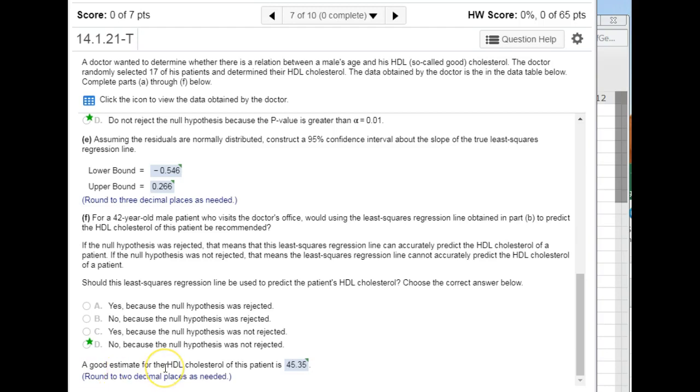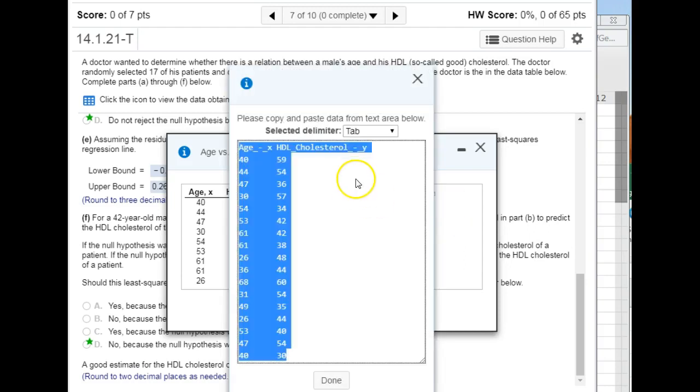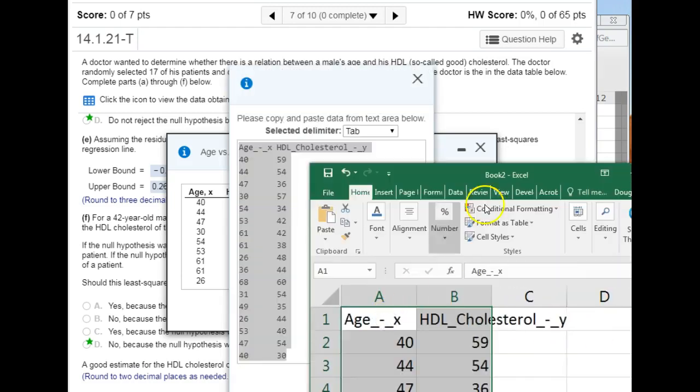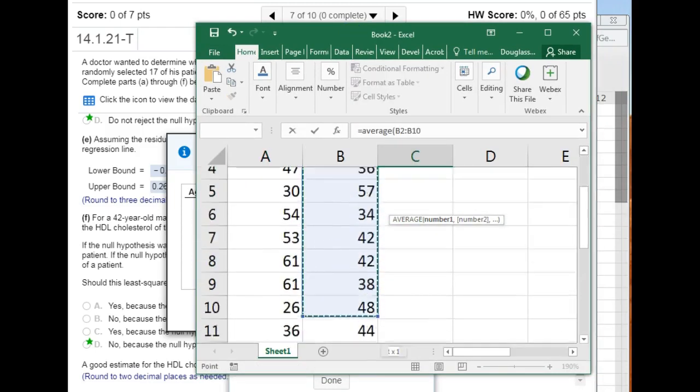And a good estimate then is just going to be the average of the Y values from our sample data. So I'll just do this quickly over here in Excel. I'm going to look at the average here of all the Y values for all the cholesterol levels.